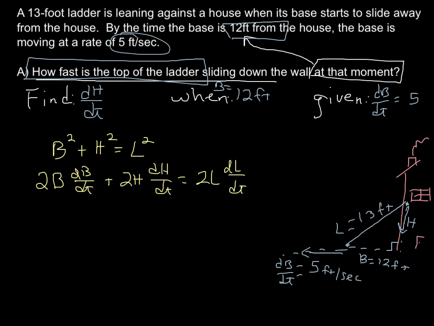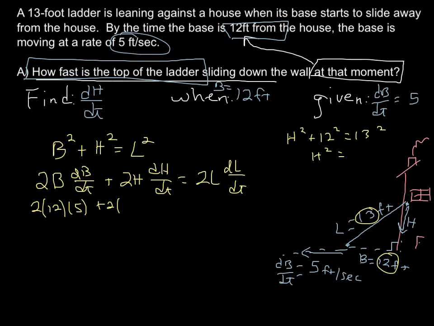So we have 2 times, and b is 12, and dB/dt is positive 5, plus 2 times h. Well, we don't have h. However, we do have 12 as the base and 13 as the hypotenuse, so we can use our Pythagorean theorem to find h. So we would have h squared plus 12 squared equals 13 squared.